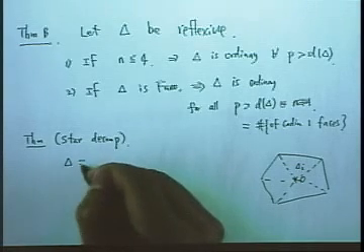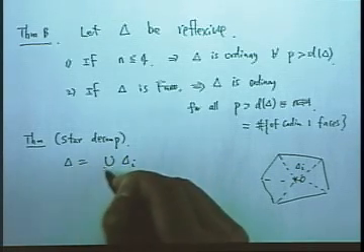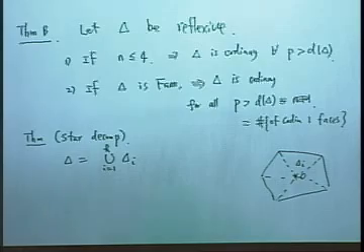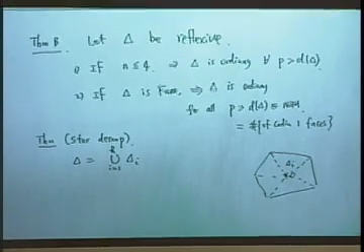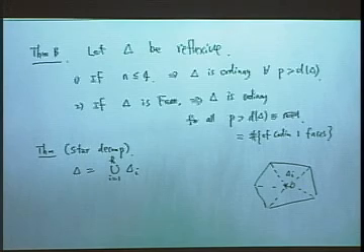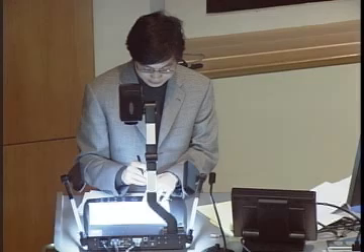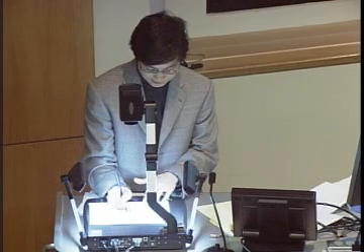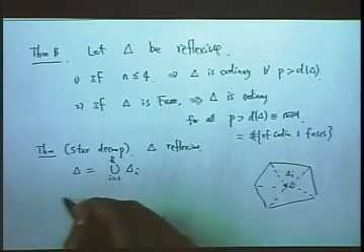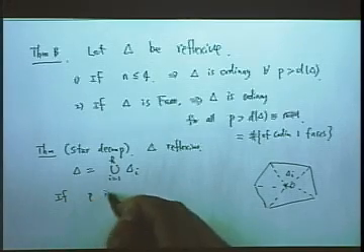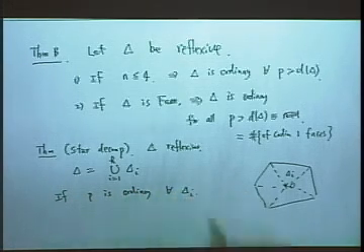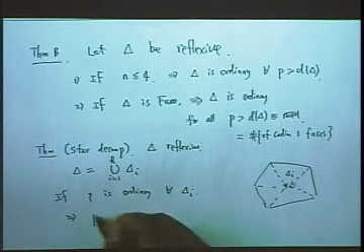So delta is the decomposition of star from 1 to H, where H is the number of codimension one faces. Delta is reflexive. So if p is ordinary for each piece, then p is ordinary for the total.